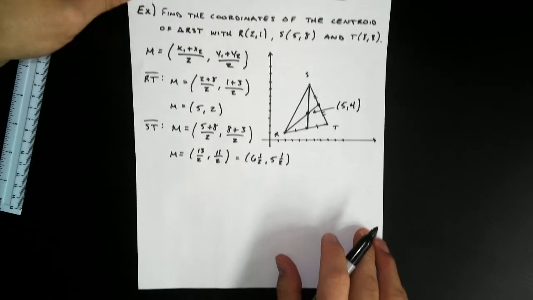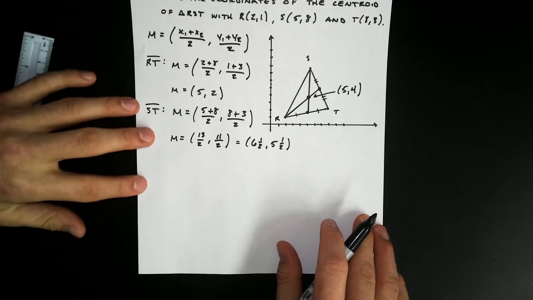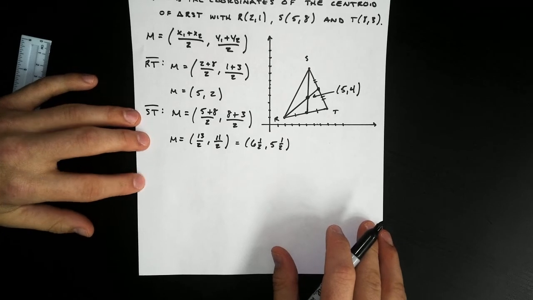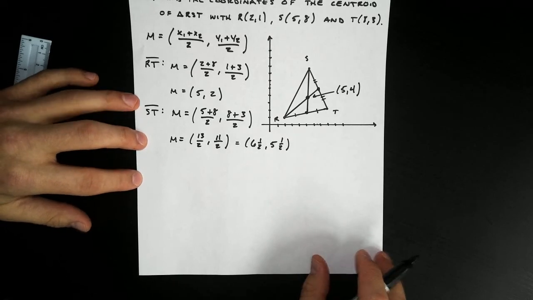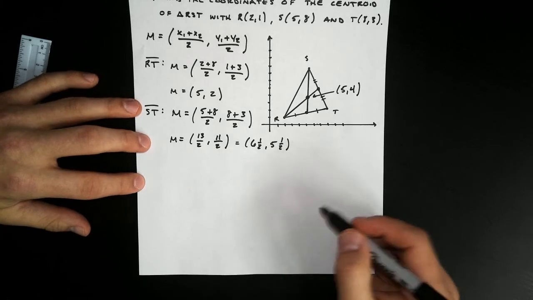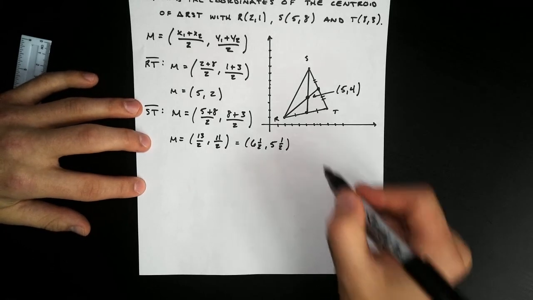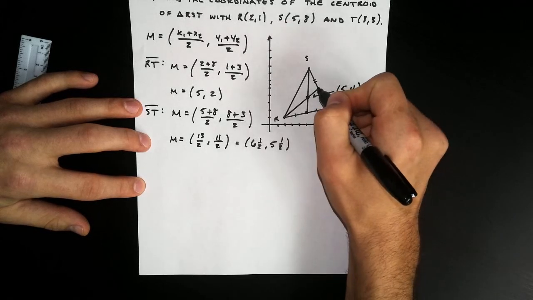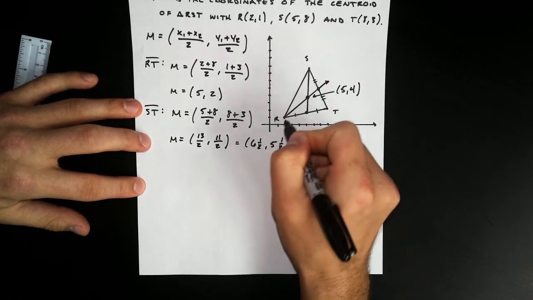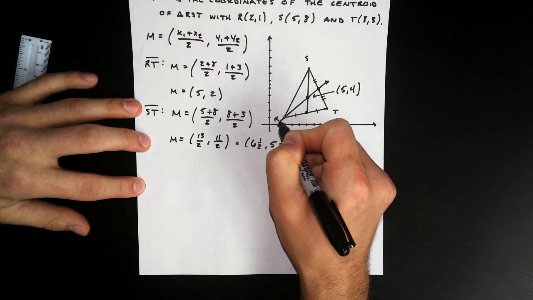We just got that from looking at the graph, but if we wanted to go further, we could use algebra to actually solve for the centroid. To do that, we want to set up a system of equations, so I'm going to look at the equations of two lines. I'm going to extend these out and think about them as lines.